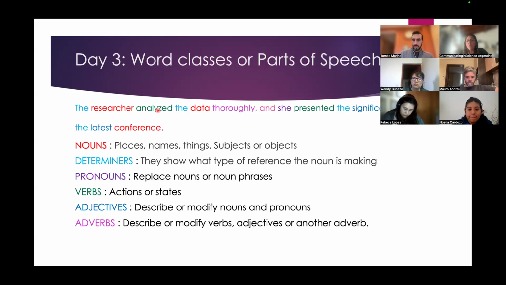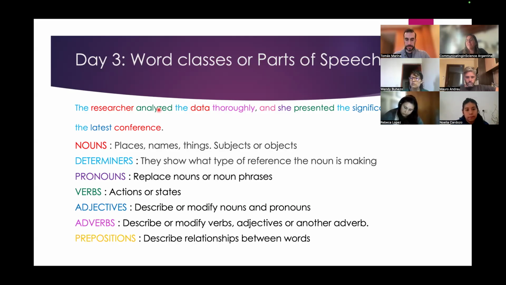But just for now, adverbs are all the words that end in "mente". Rápidamente, like quickly, slowly, which is lentamente. But those are not the only ones. Frequency adverbs, always, never, often, are also adverbs because they talk about how frequently something happens.